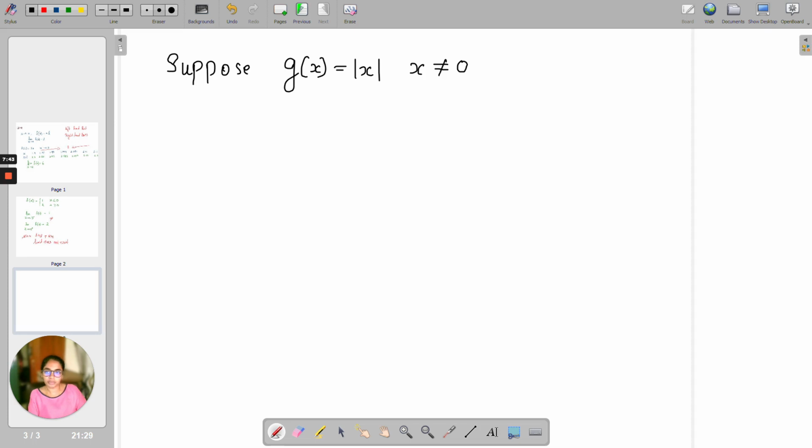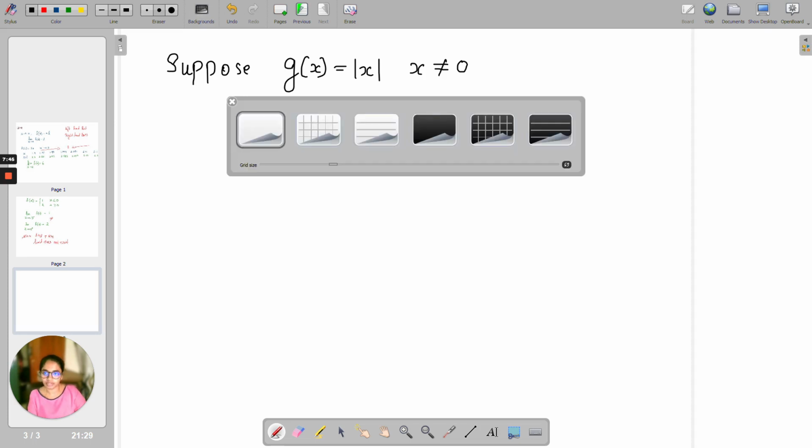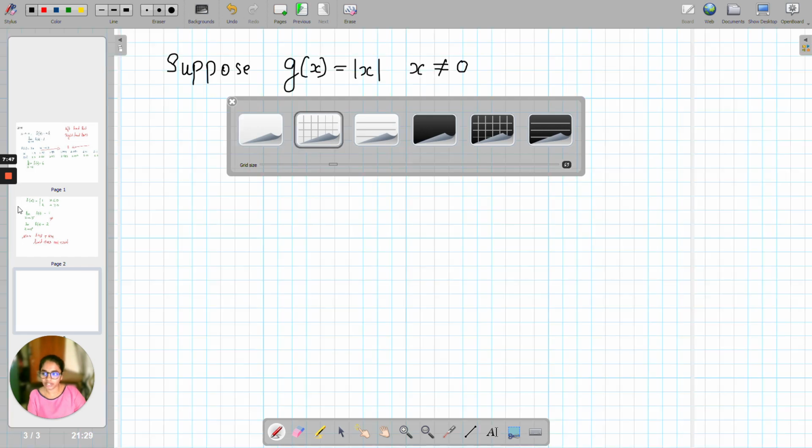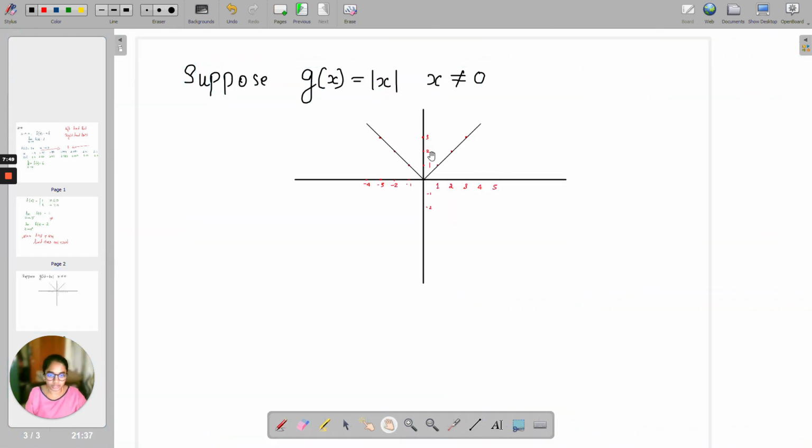Now let me plot this graph. How would this graph look? Here is the graph. You can observe that g of 0 is not defined. Why? They are telling that x is not equal to 0.